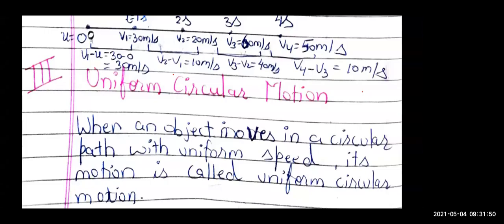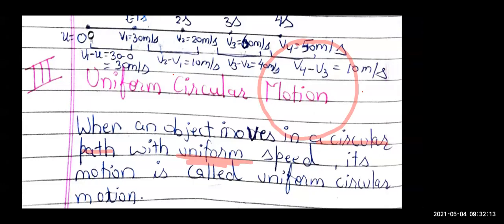So uniform circular motion: when a body moves in a circular path, what is the shape of its path? It is circular. And the body is moving with uniform speed. Uniform speed means equal distance in equal time. Right, beta?